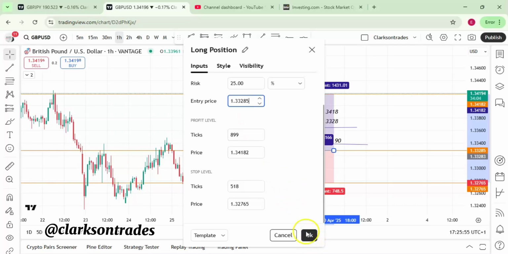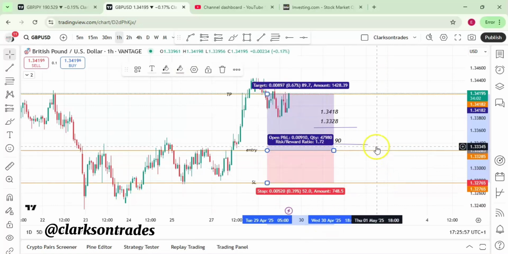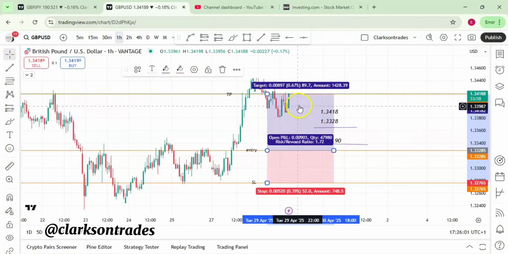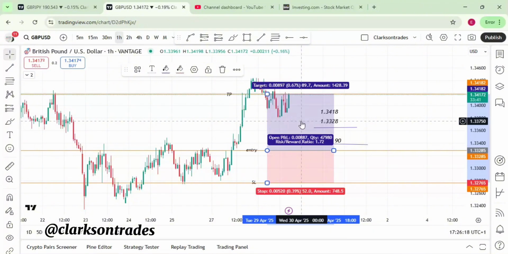Okay. All right. Now you see that it is 89.7. So if you round it up, it is 90 pips. So from our entry price to our take profit price is 90 pips, and from our entry price to our stop loss price is 52 pips.